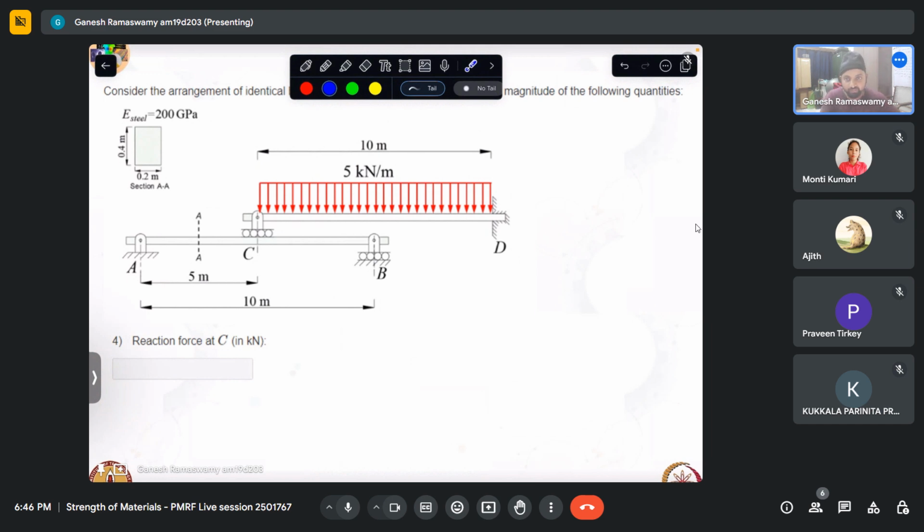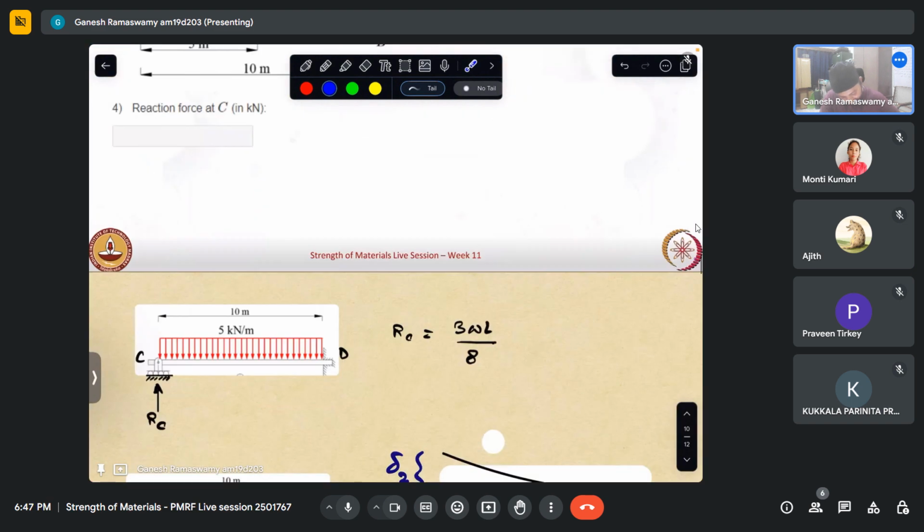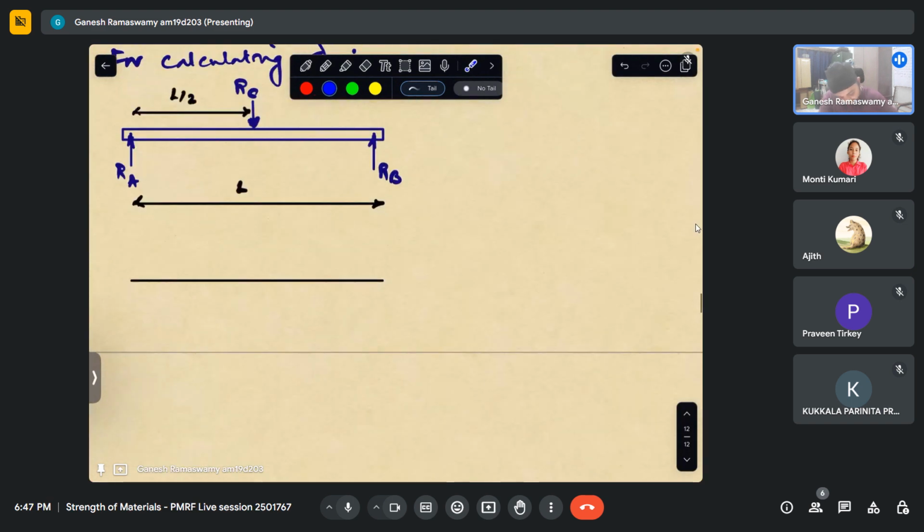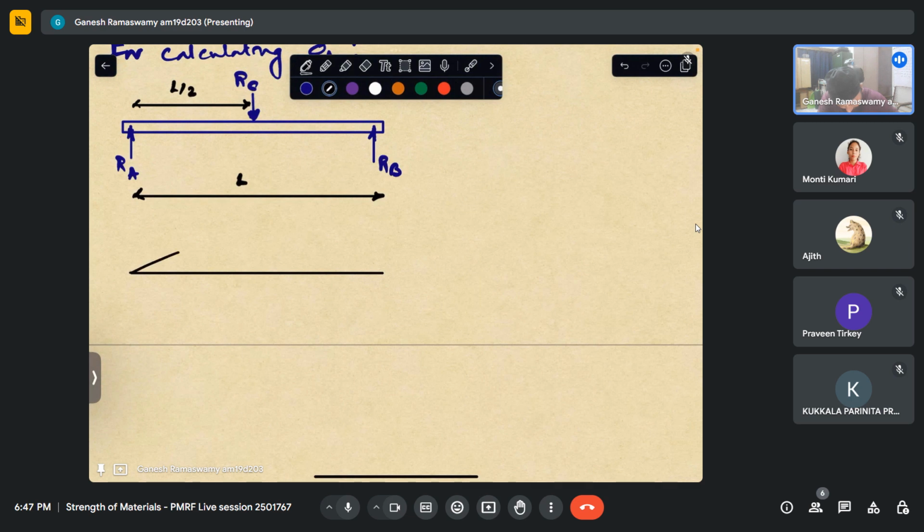So we are not way off when we are making these assumptions. I hope you are able to see that. All right. So in this case, what is the bending moment diagram like? So this is my bending moment diagram for this problem with this peak.